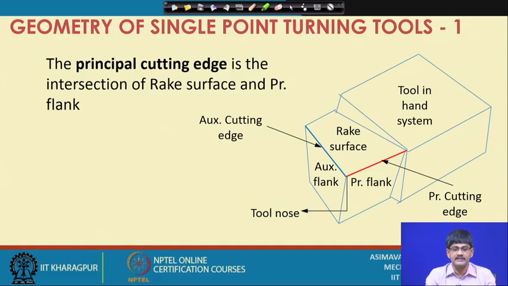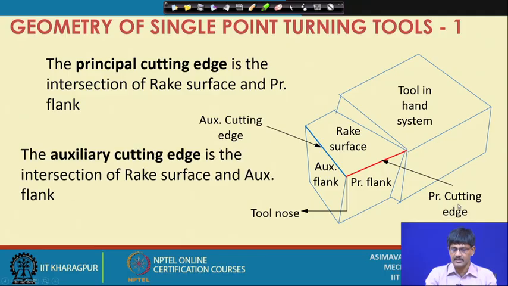Once we have two planes intersecting, their intersecting edge can easily be identified, and here we have identified the intersection between rake surface and principal flank as this red line, and we have named it the principal cutting edge. In the same way, the rake surface and the auxiliary flank will also have an intersection, and that is called the auxiliary cutting edge.